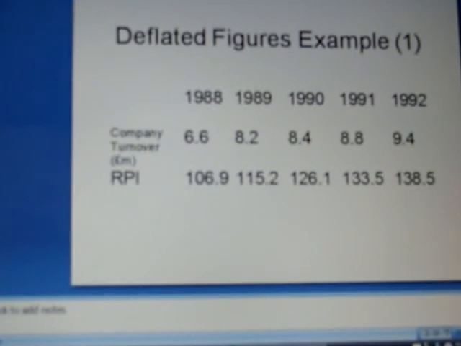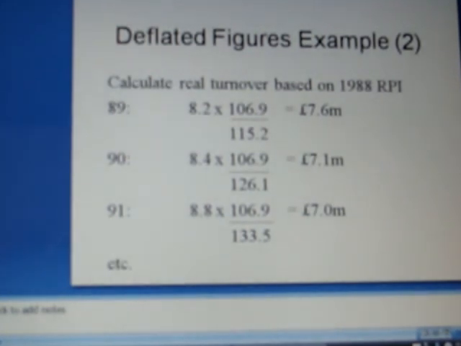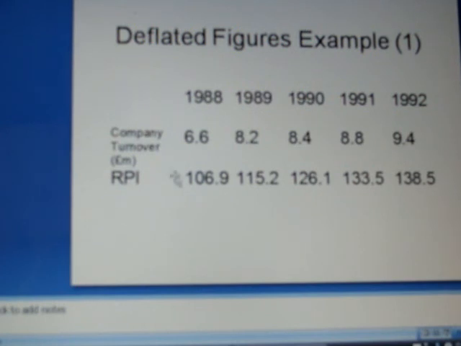With the knowledge of retail price index, we can deflate the company's turnover and find out the actual turnover, where actual or real turnover means the turnover which also considers the price effect.